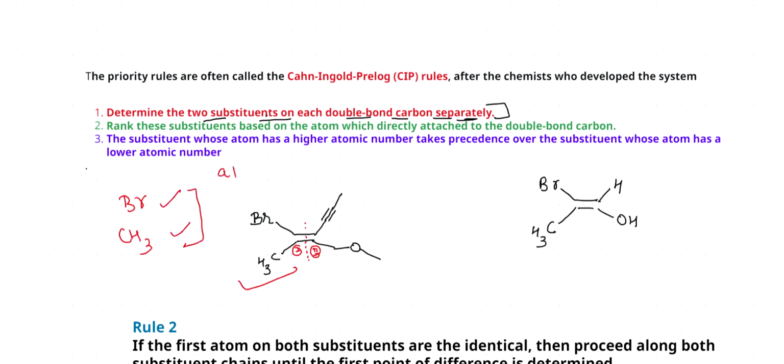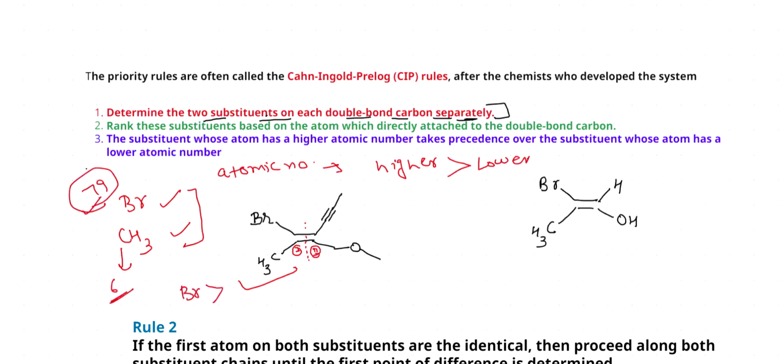The group which has a higher atomic number is given more priority than the substituent which has a lower atomic number. Among these, as bromine has atomic number 35 and carbon has atomic number 6, that is why bromine is given more priority as compared to the methyl group.